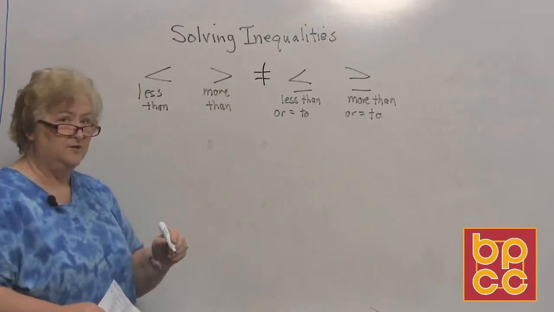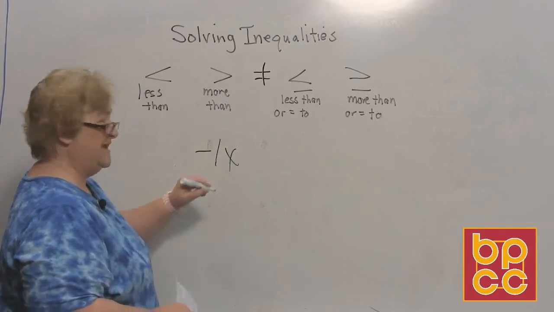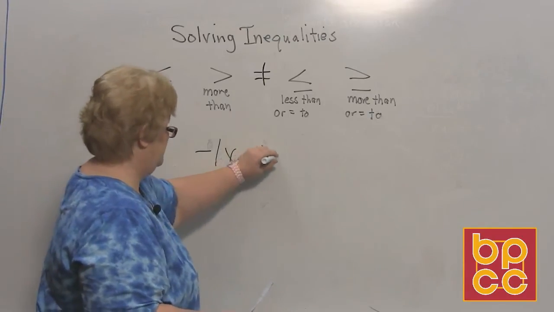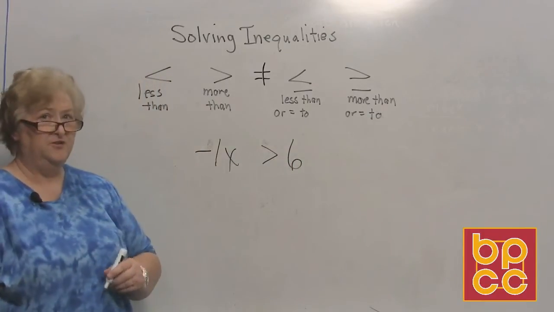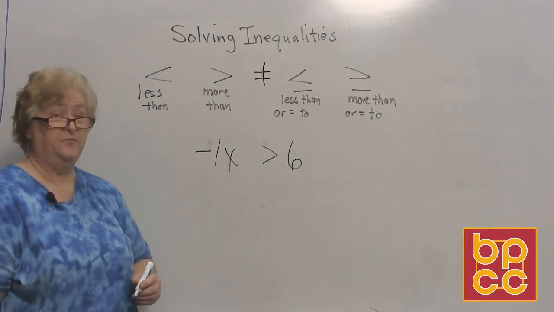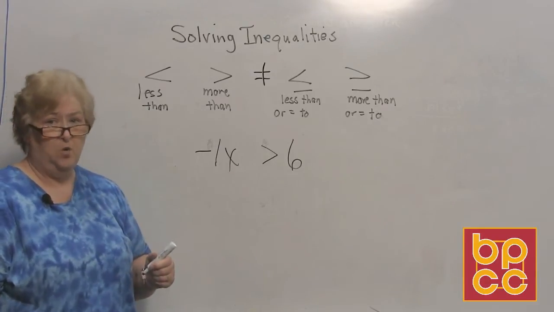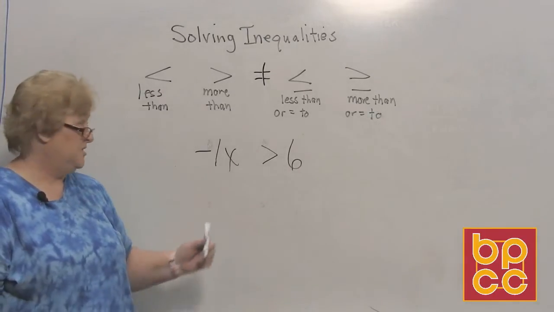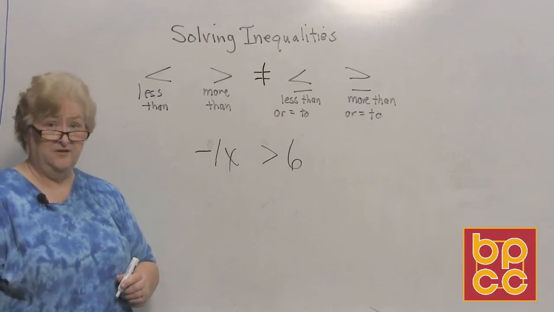Okay, now I'm going to throw a little something weird here on you. Here we go. I'm going to go a negative x. I can put a negative 1x or a negative x. A negative x is greater than 6. Now, I told you there are very few rules that are different from the equations. Well, this is one of them. You know that if we were doing an equation, we do not solve for a negative variable. So I purposely put the 1 up here to remind you that that negative x is a negative 1x.